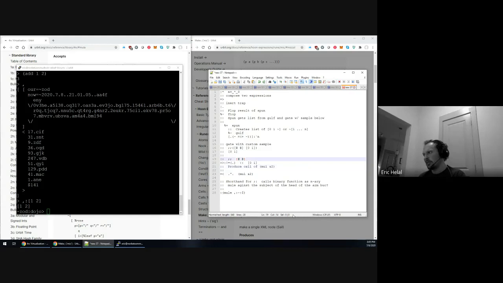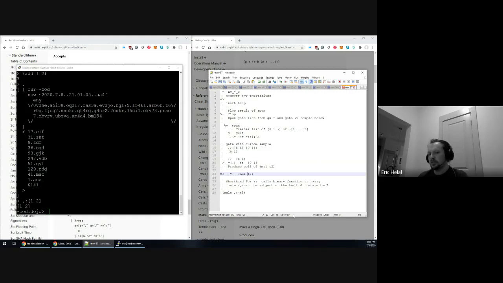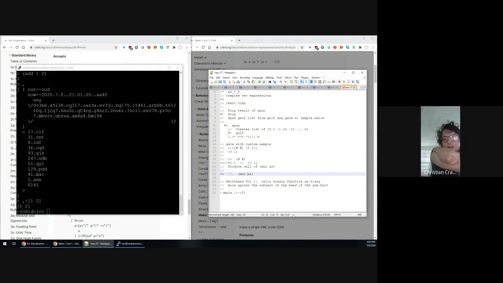Okay, so if the sample of this gate is 0, 1, this would just be multiplying them together, and then you're getting a cell of that product. Multiplying what together? The sample and the values in the sample? Yeah. Which is a cell, remember? Because we got the mic thing going on.